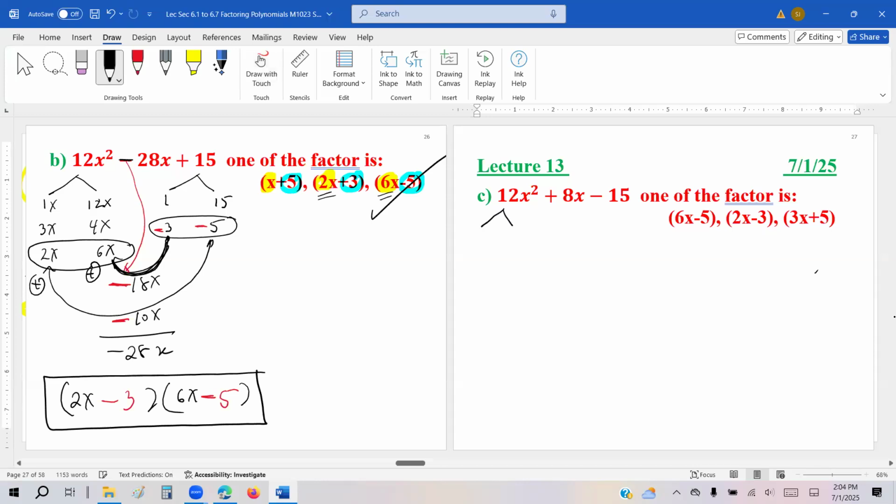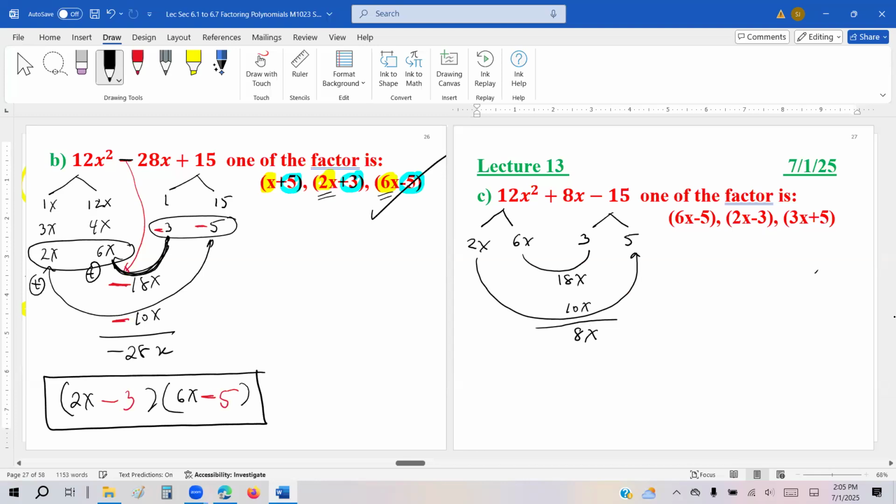Okay, 12. We split 12 into which two numbers? 2x and 6x. And 15? 3 and 5. If you pair them this way, 6x and 3 gives us 18x, and 2x and 5 gives us 10x. If you add or subtract, do you get 8 from here? Yes.